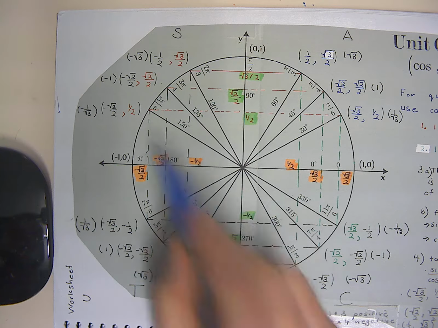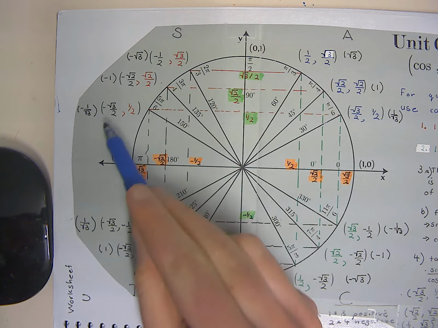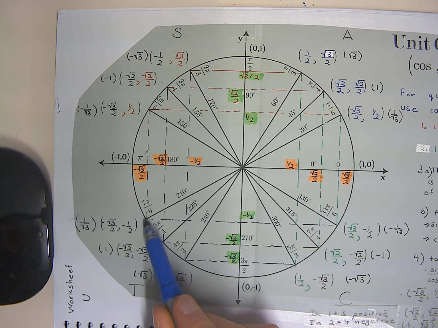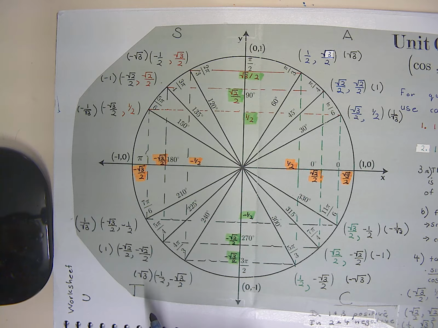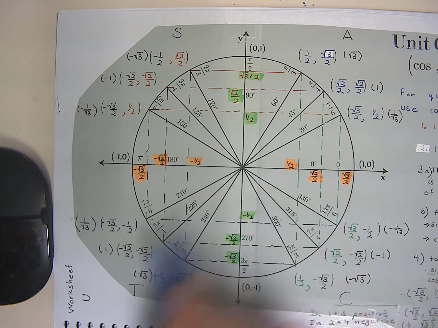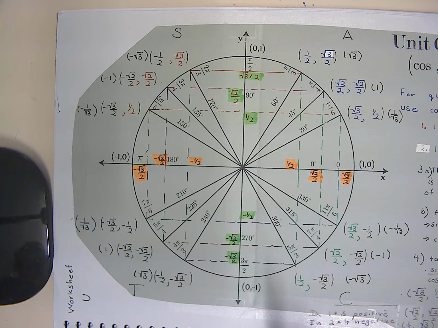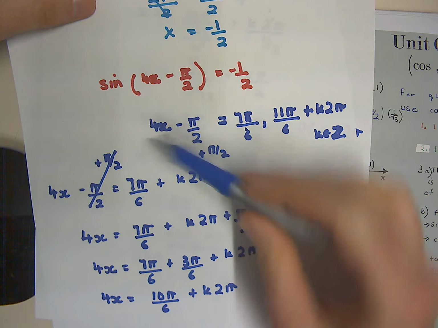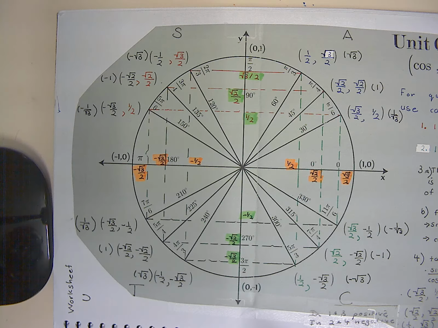Okay, it's at pi on 6, and it's not there, but it is at, no, not there either. It's at 7 pi on 6. And so 11 pi on 6 and 7 pi on 6 would go here. We would follow through the same working.